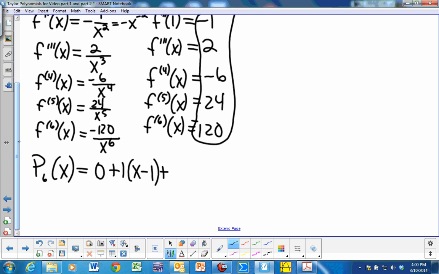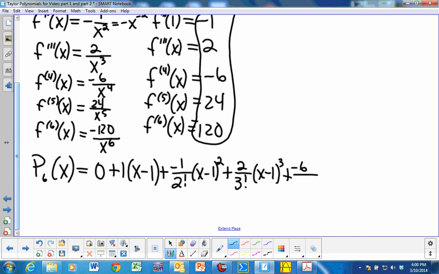Then we're at the second derivative. Well, the second derivative is negative 1, so this will be negative 1 over 2 factorial x minus 1 squared, plus next number, f triple prime, is 2, so we'll have 2 over 3 factorial x minus 1 cubed.